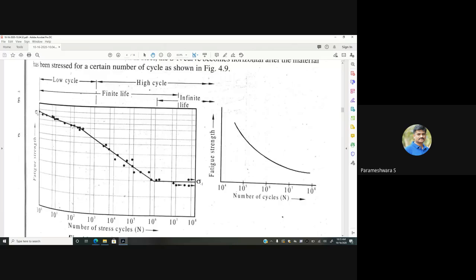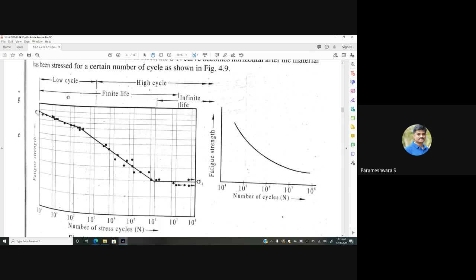What it means is, as the number of cycles increases, the fatigue strength of the material decreases and leads to failure. Initially, at lower cycles, the fatigue strength of the specimen is very high. As the body undergoes repeated fatigue, it loses its endurance strength, and gradually the endurance stress value decreases with the increase in the number of stress cycles, and at one point of time, the material fails.